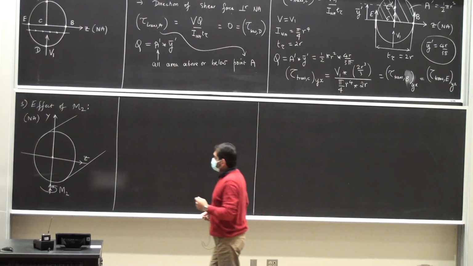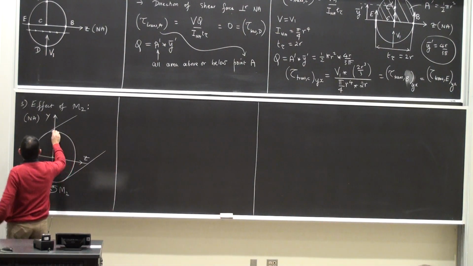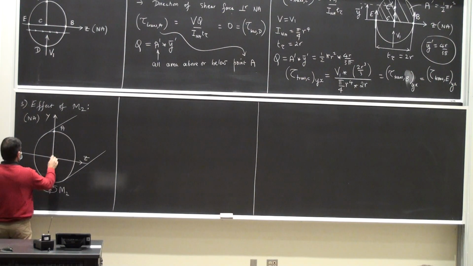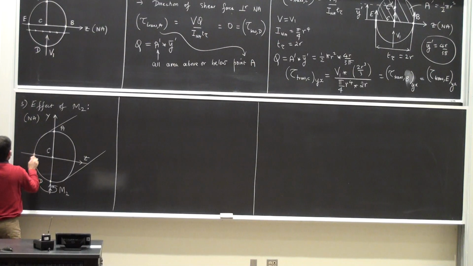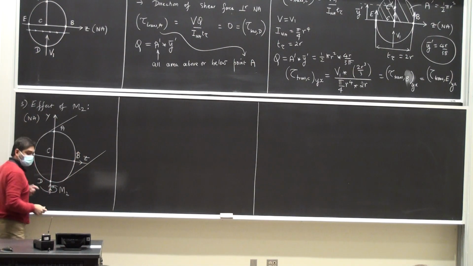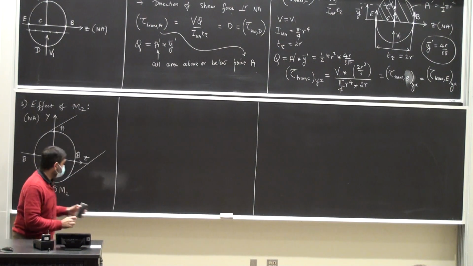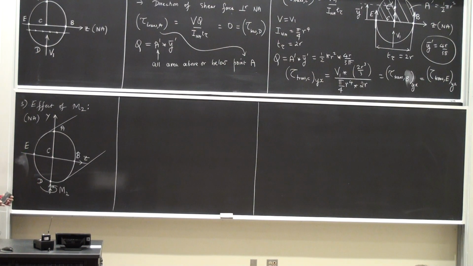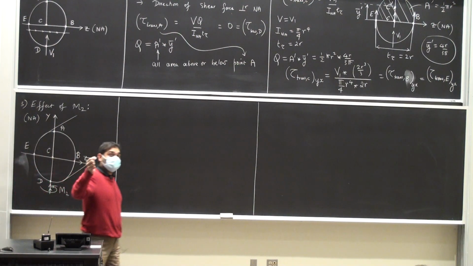Next question to all of you. This is A. This is D, this is C, and this is B, and that was E. What is the value of the bending stress at the point A?